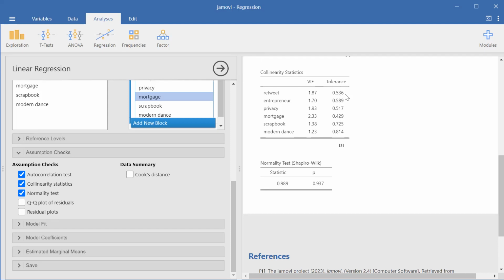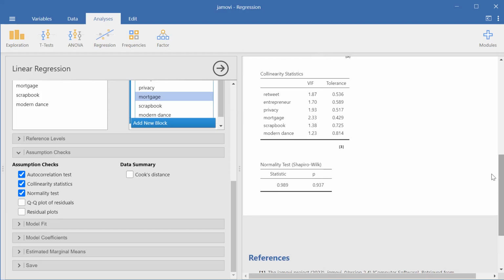We can say that most of the predictor variables are not collinear with other predictor variables to a large extent, except for mortgage, which is leaning towards 0, saying that it is collinear with the other variables. And that is also okay.